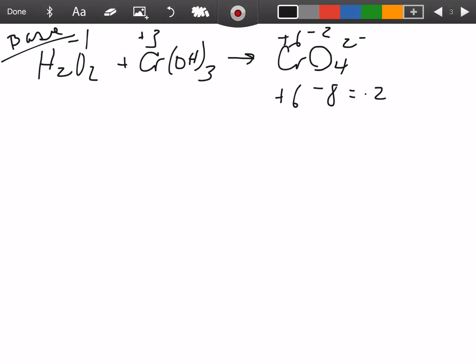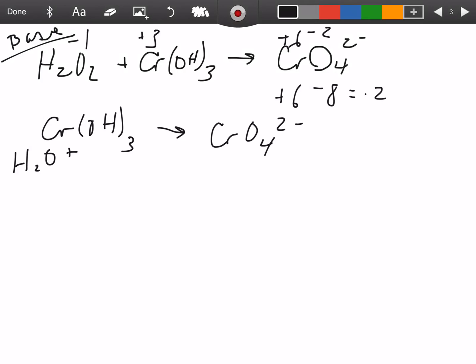Let me start with the easier one, the chromium one. Here we have chromium hydroxide, and that's going to go to the chromate ion, right? So again, the chromiums are balanced, so that's good. The next thing is to balance the oxygens, and we can do that with a water molecule.